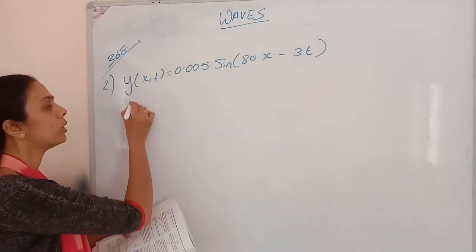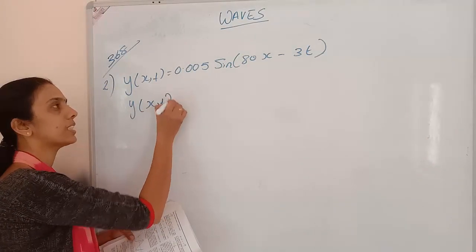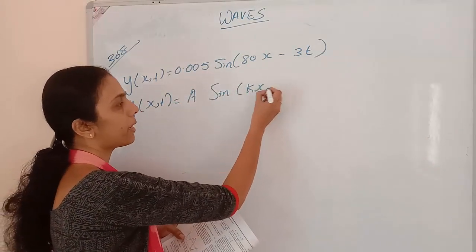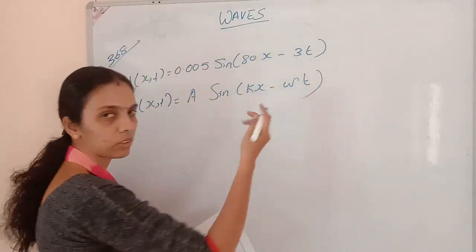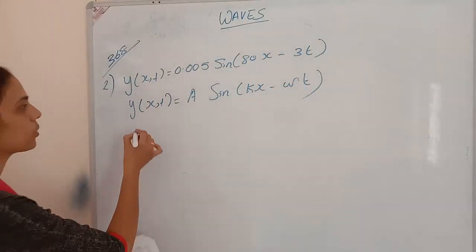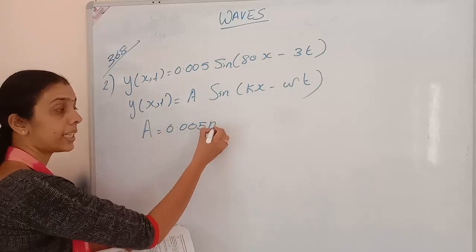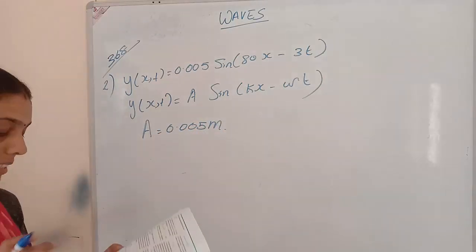First you can write down the general expression A sine(kx minus omega t). Phase constant is 0 here. So A equals 0.005 meter, because it is given in SI units.